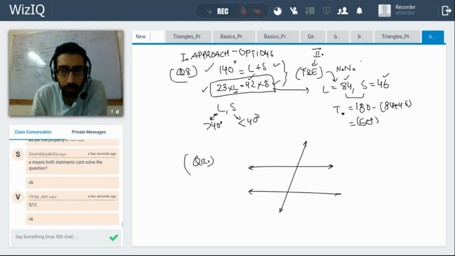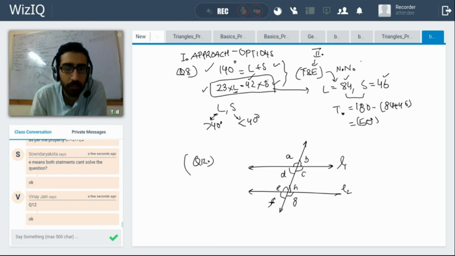And it's a very, very simple diagram. L1 is parallel to L2. And these angles are, this is angle A, this is angle B, this is angle C, this is angle D, angle E. This is angle E, this is angle F. E, F, G, and H. Yeah.